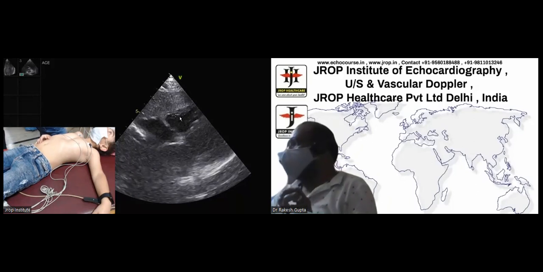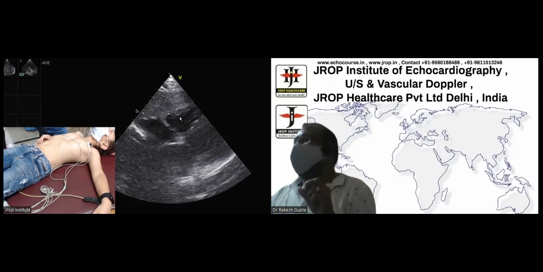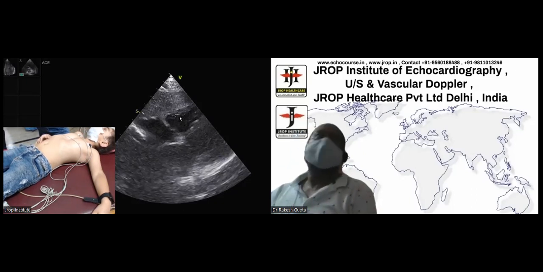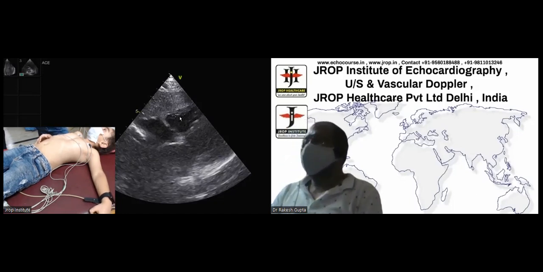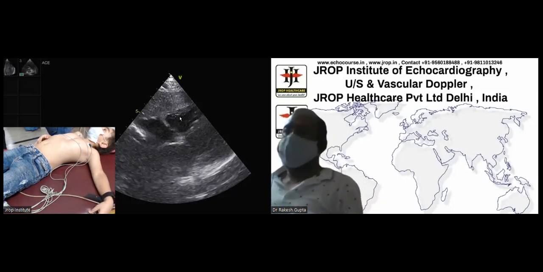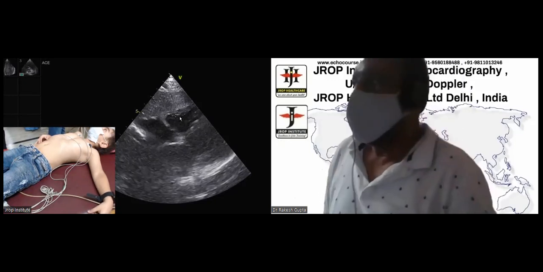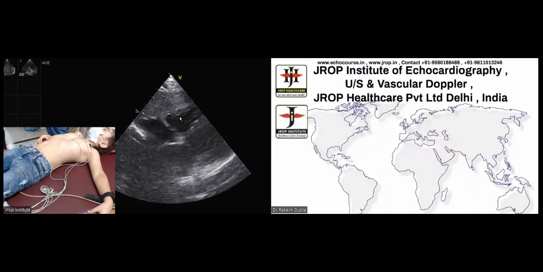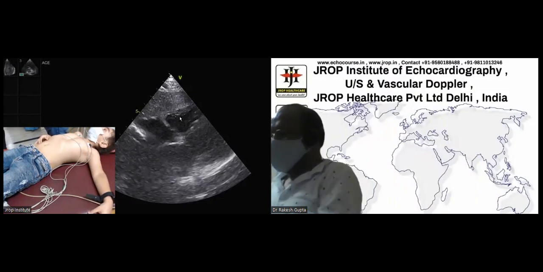So we talked about situs solitus. We talked about D loop. Then we talked about identifying morphological RA, morphological LA, then mitral valve, tricuspid valve, and then we looked at chambers, and then we looked at great artery connection, whether the left ventricle is connected to the aorta and the right ventricle is connected to the pulmonary artery.